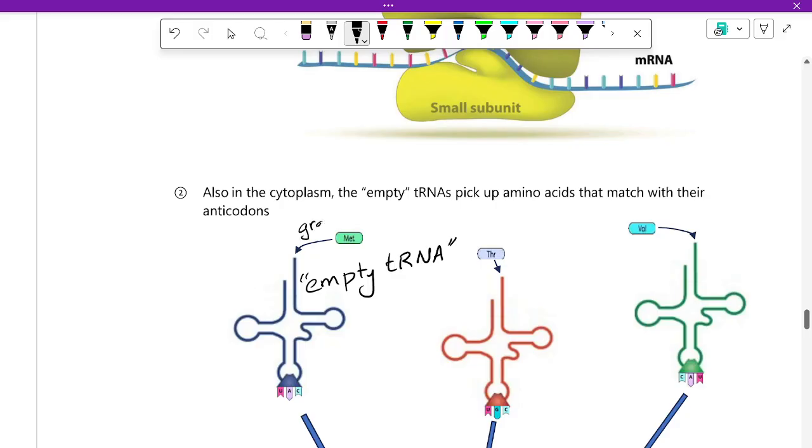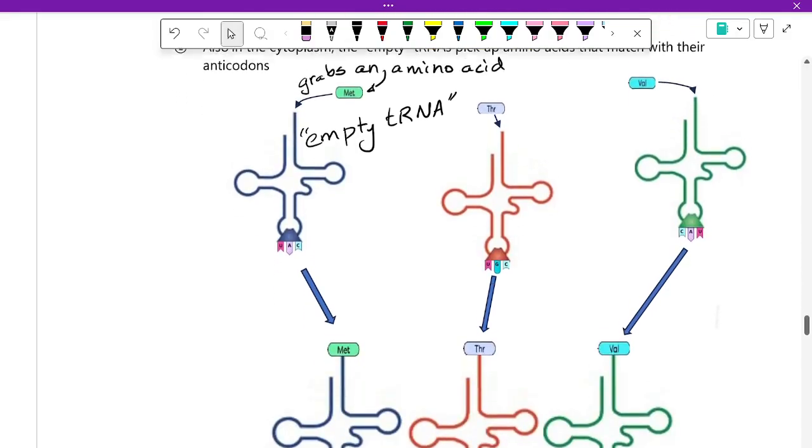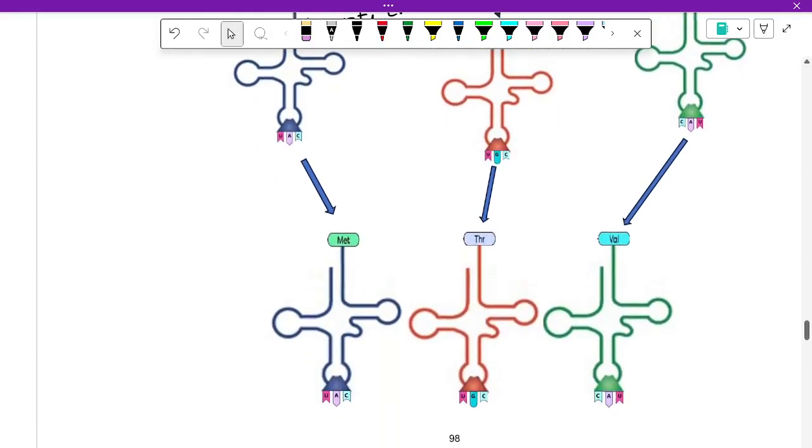It grabs an amino acid. Not just any old amino acid, it grabs the correct amino acid. So now you've got tRNAs that have amino acids attached to them.